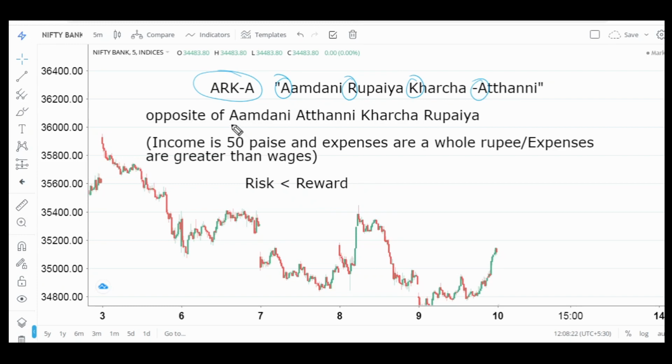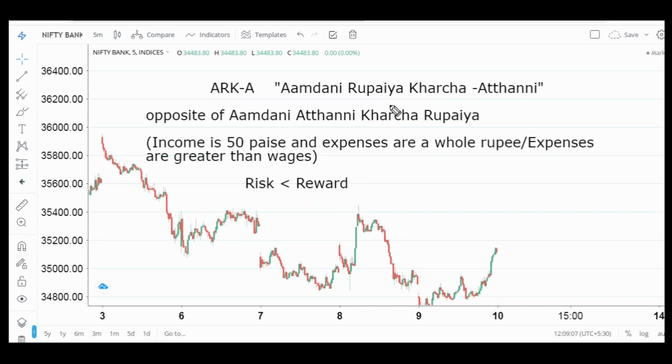Routinely, as we all know, this is what people say in their routine life, that आमदनी अठन्नी खर्चा रुपया, means their income is less and expenses are more. But here ARK-A means our risk is less than our reward, or our reward is greater than our risk. So आमदनी रुपया खर्चा अठन्नी. So from that I have derived the name ARK-A. I have just interchanged the words, so that it's easy for people to remember the name.